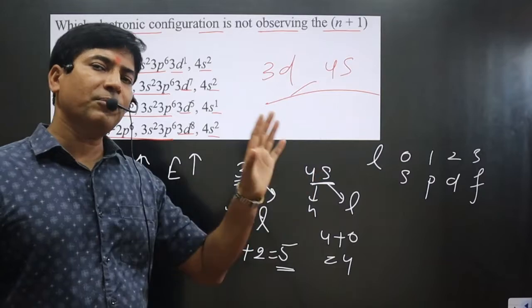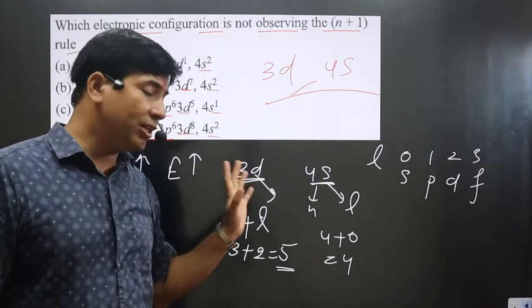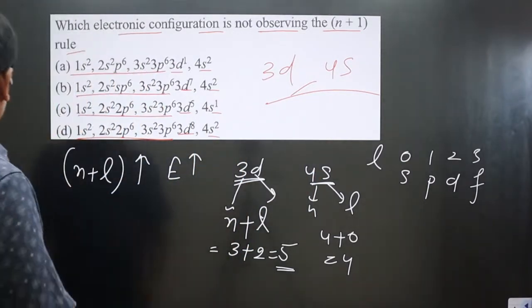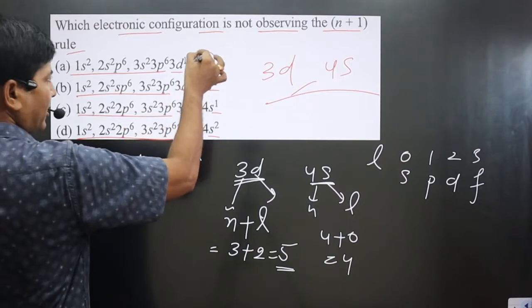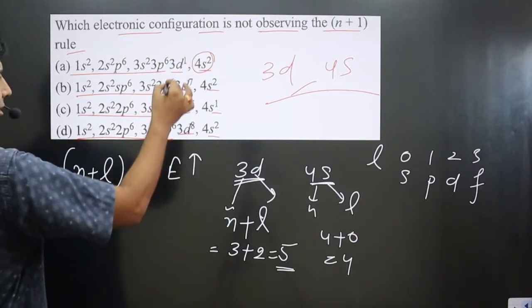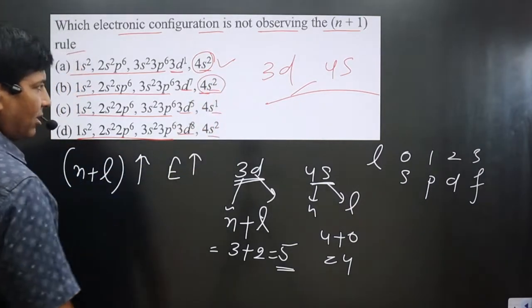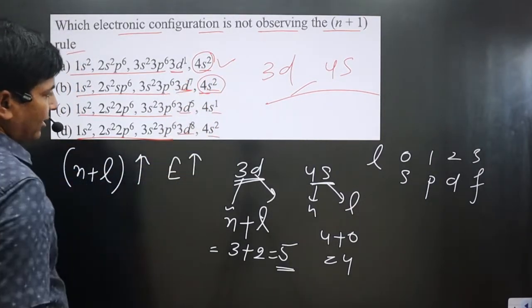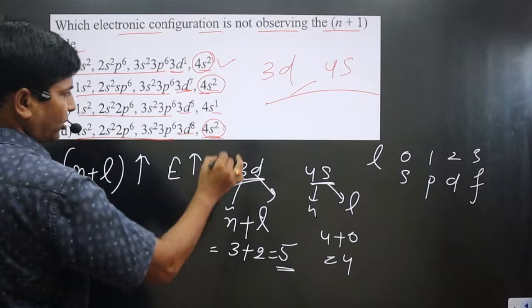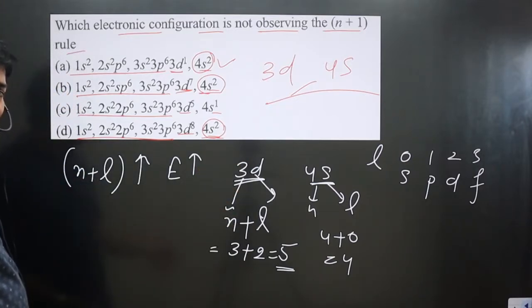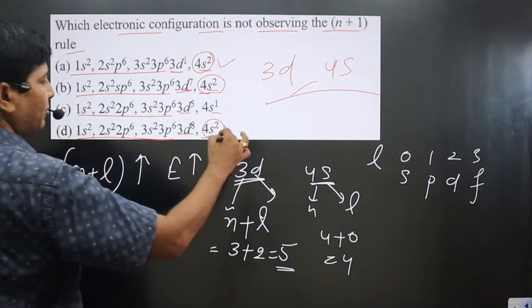So the 4s orbital must be completely filled before filling the 3d orbital. In this case you can see the 4s orbital is completely filled before the 3d orbital, which is correct. Here also in option D you can see 4s2 is there, so the lower energy s orbital is completely filled before the d orbital.